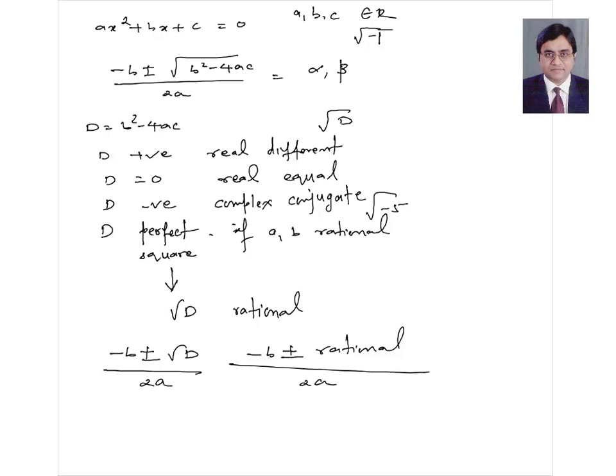If a is rational, then that whole thing would be rational. So if D is a perfect square, and if a and b are rational, then it means that the roots are going to be rational. So these are the 4 important points about the nature of roots. If you have any question up to this point, then let me know.